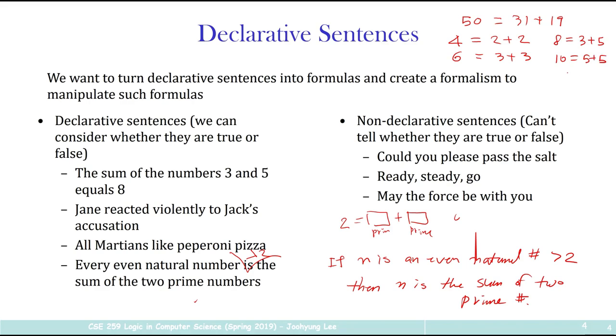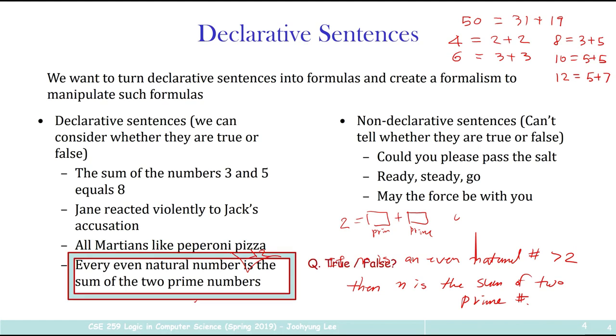Are we just lucky? 12 is 5 plus 7. Okay. So the initial fragment of the numbers doesn't seem to contradict the claim, right? So is it really true or false?